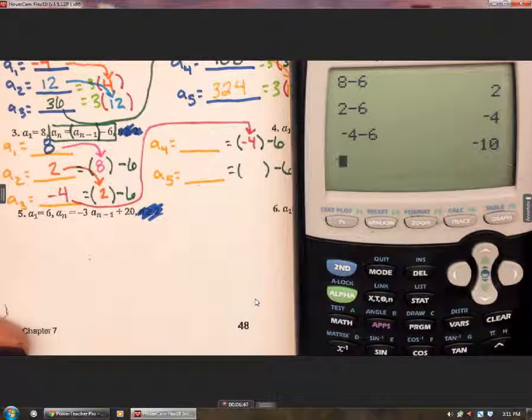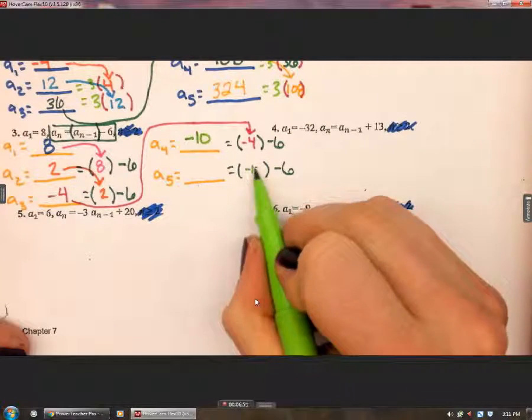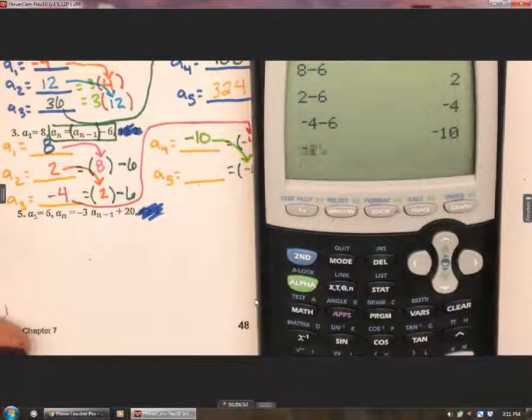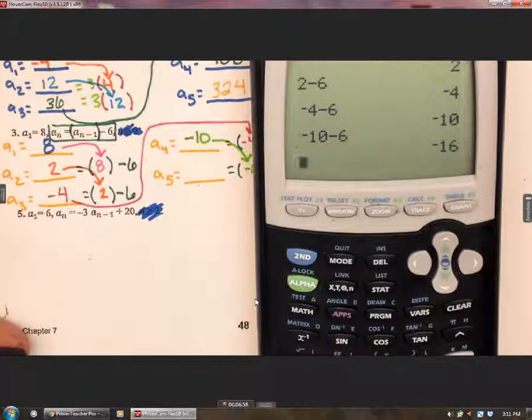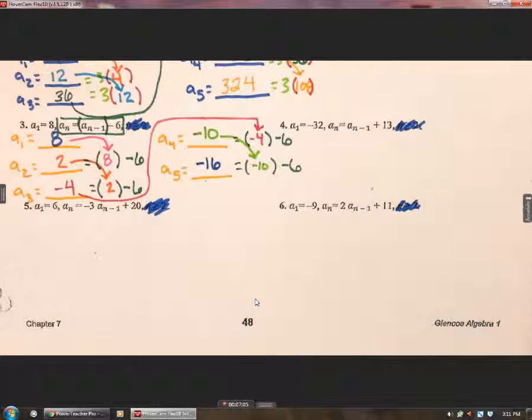Negative 4 minus 6 is negative 10. And negative 10 minus 6, it's negative 16. That's all we're doing. It's not too bad.